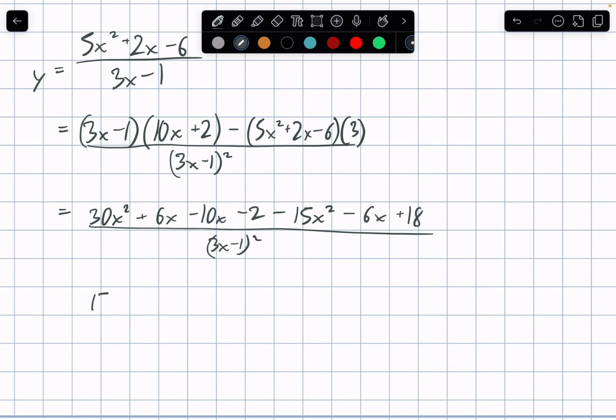Okay, 15x squared negative 4 negative 10 plus 16.